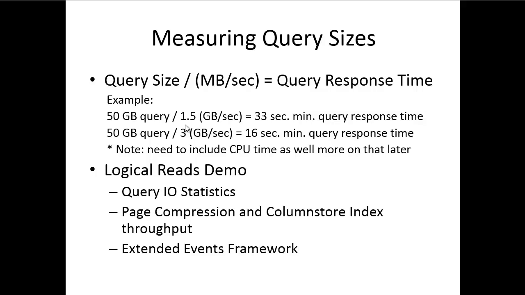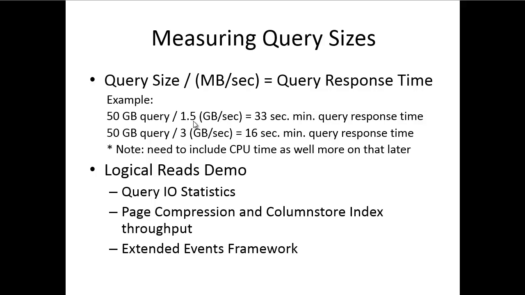So this provides a framework for understanding what kind of performance you should expect from the data warehouse that you currently have, or if you're trying to build a new one, how much throughput it needs to have this desired response time. Continuing with this example, if 30 seconds is not fast enough and the business wants to cut that response time in half to about 15 seconds, then all you need to do is double the throughput.